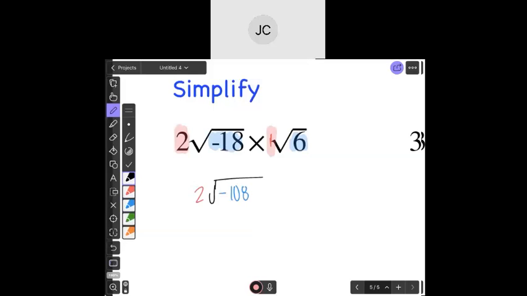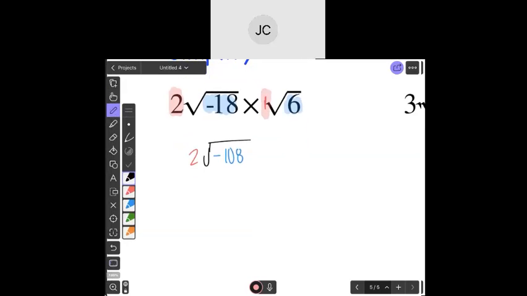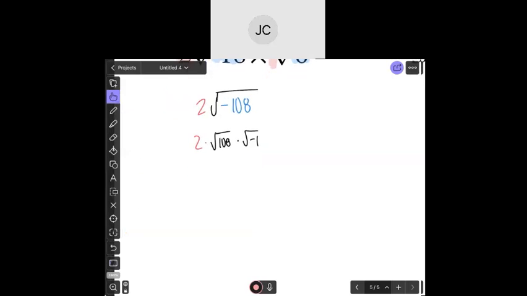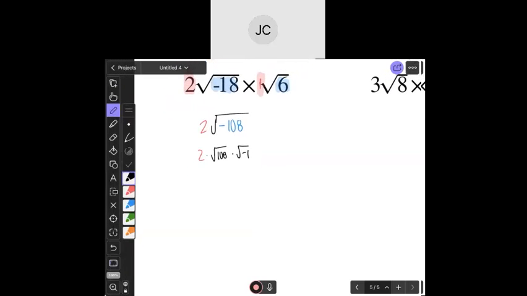And then from there, it's just what we've been doing, right? I'm going to sock out the 108. Or I guess I should rewrite it first. 2 times square root of 108 times the square root of negative 1. So break it apart. Take the negative out. And then I'm going to sock out the 108. So that's 2 times 54, which is 2 times 27, which is 3 times 9, which is 3 times 3.